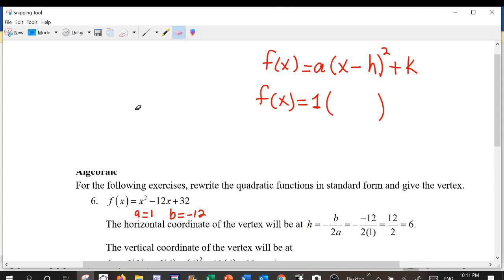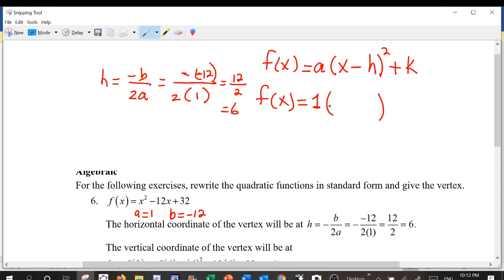Now, what is h? Well, we know h is negative b over 2a. What is b? Negative 12. What is a? 1. So that's 12 over 2, which is 6. So that is 6 here.